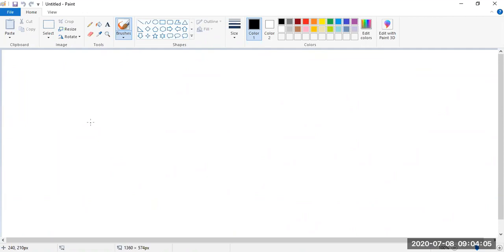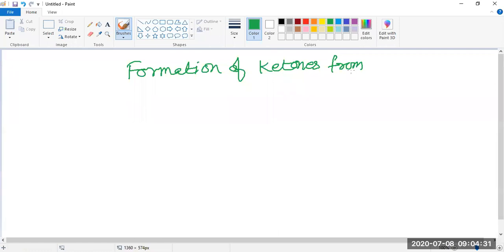It is a very important reaction as well. So how to form ketones from nitriles? Formation of ketones from nitriles. It is a very important reaction.